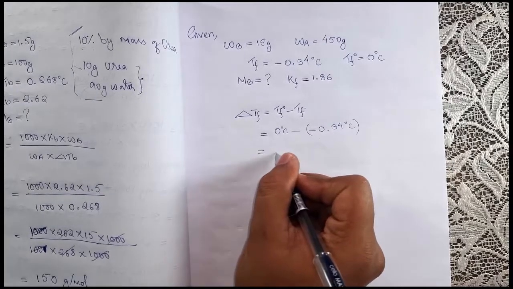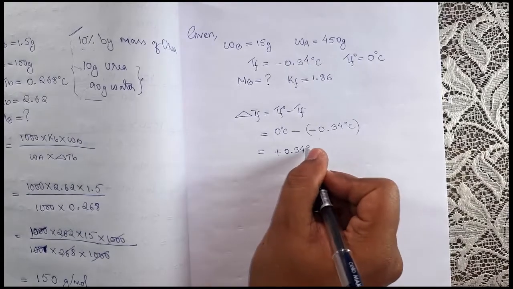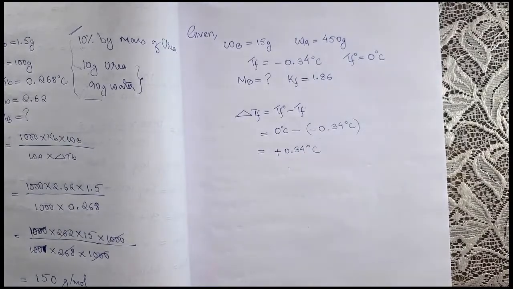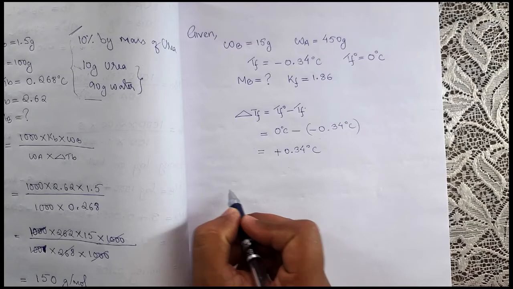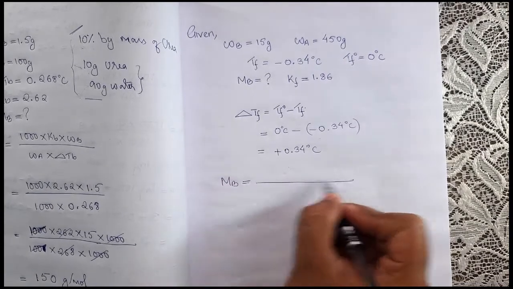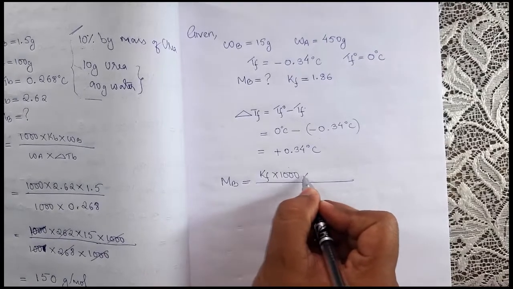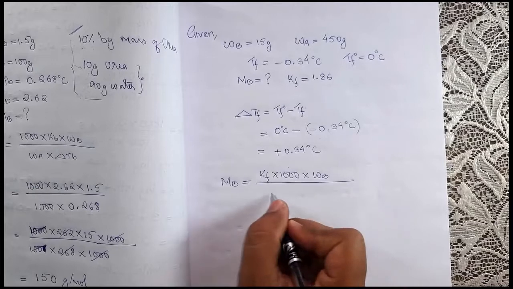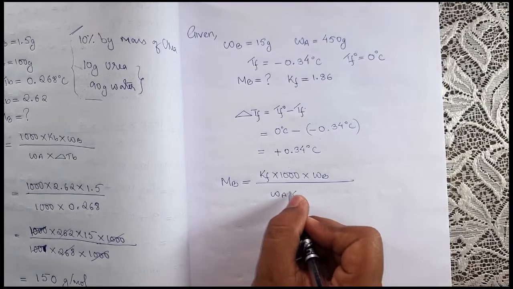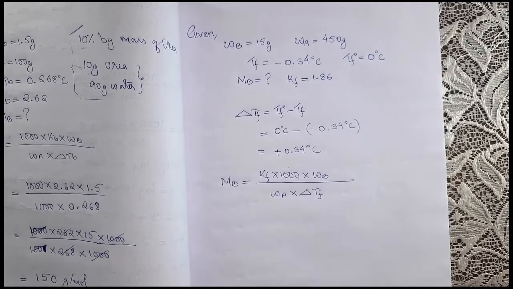So we shall have plus 0.34 degrees Celsius. So delta Tf is equal to 0.34 degrees Celsius. So now we have the formula Mb is equal to Kf into 1000 into Wb divided by Wa into delta Tf. So this is the formula we have.